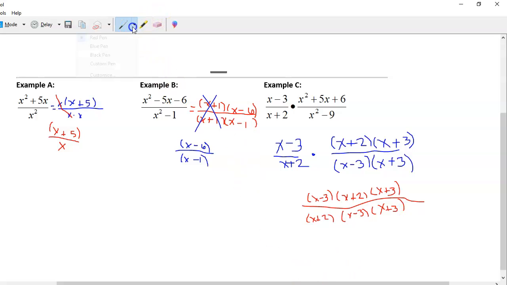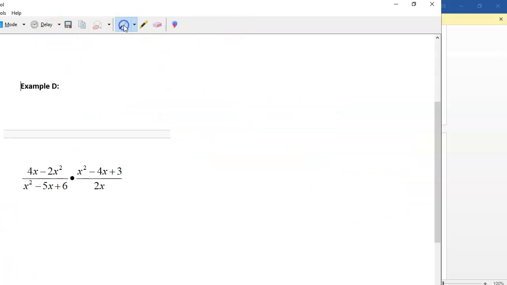So after I factor and smush, I'm just going to cancel. I'll simplify all of this by canceling common factors. Well, the x minus 3's cancel, the x plus 2's cancel, the x plus 3's cancel top to bottom. I noticed this was a big fancy way of just writing a 1. All right, let's go on to example D where they asked us to factor and smush.